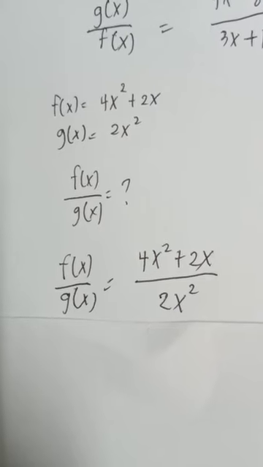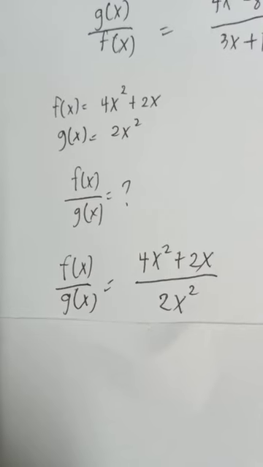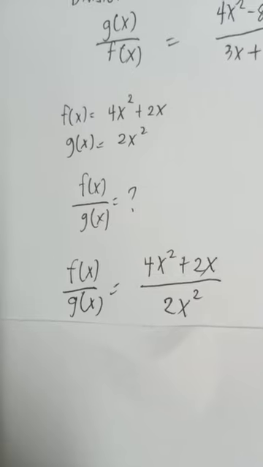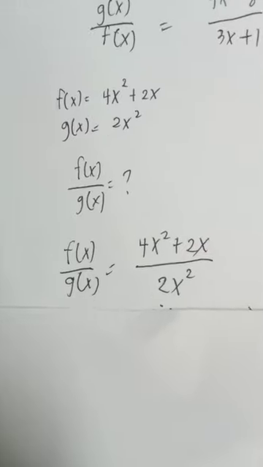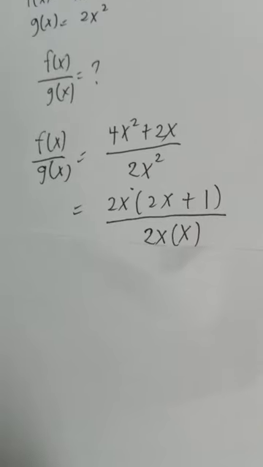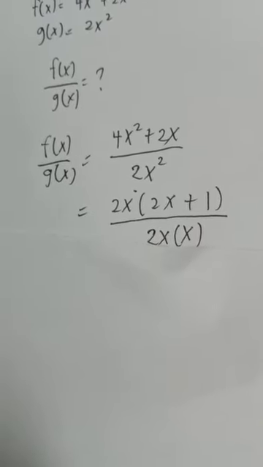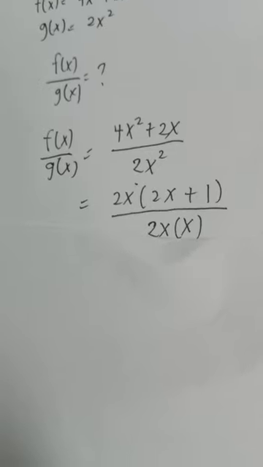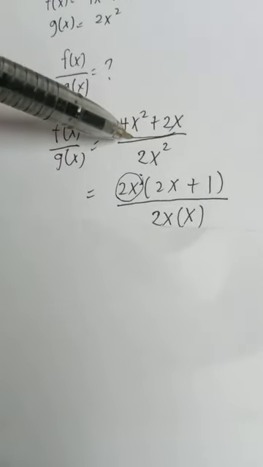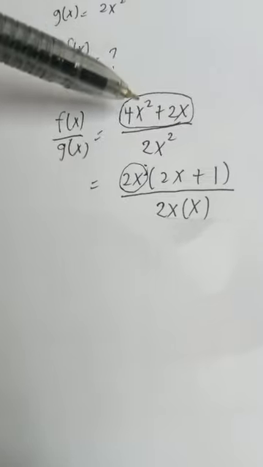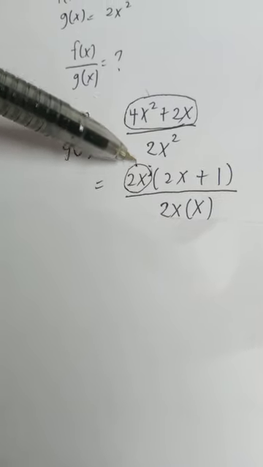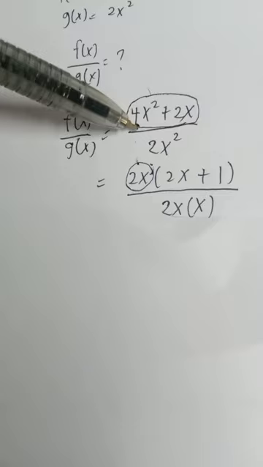So in this problem, as you observe, the numerator has a factor of, or common of 2x, no? Our numerator has a common of 2x, and then we will extract 2x. So we extract the common, ilagay natin na sa labas, and then divide it to the original term, which is the 4x.